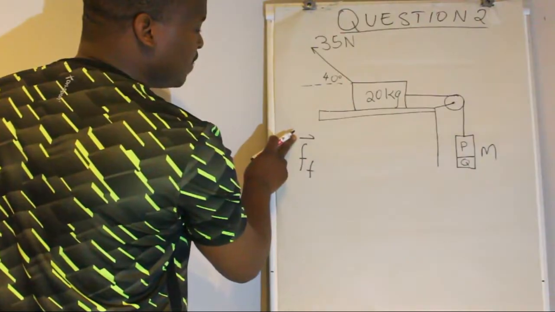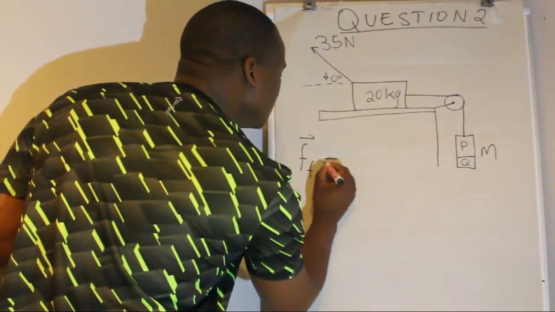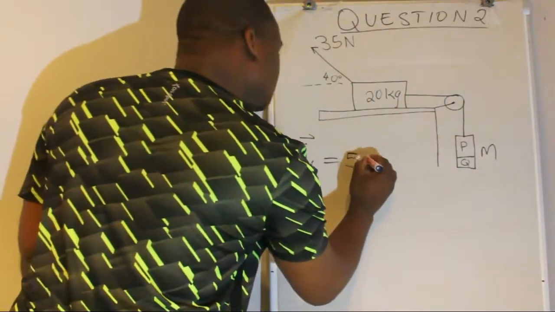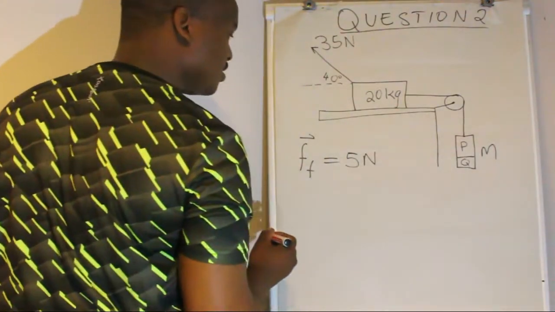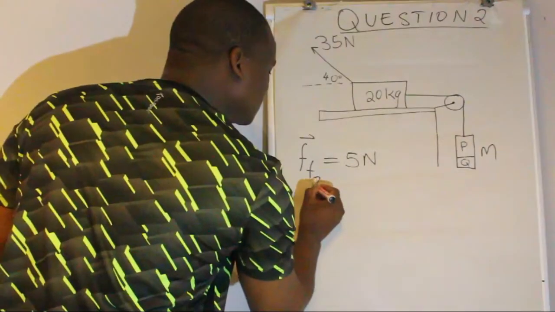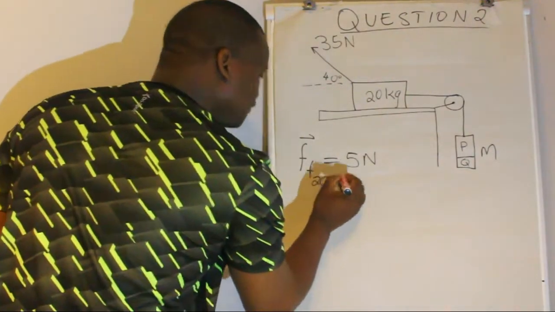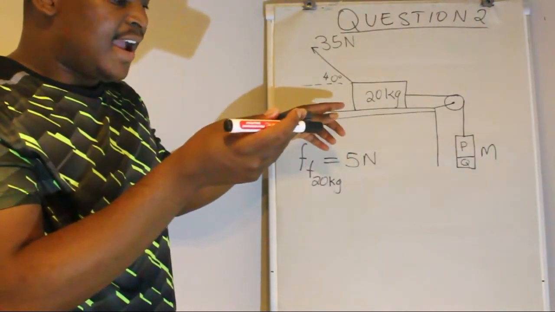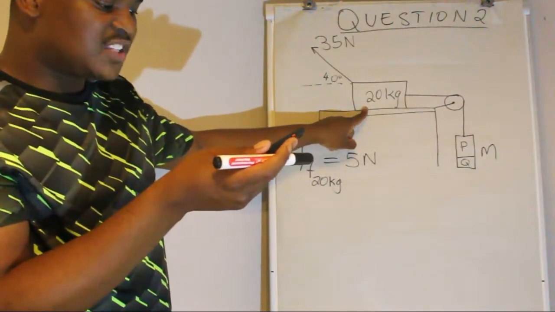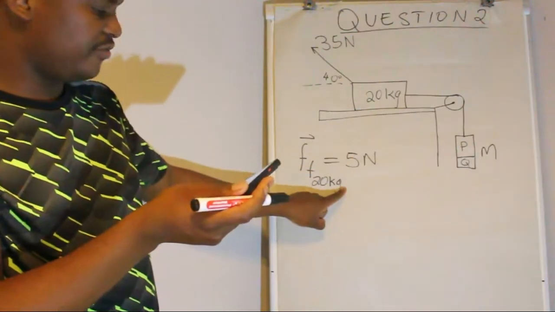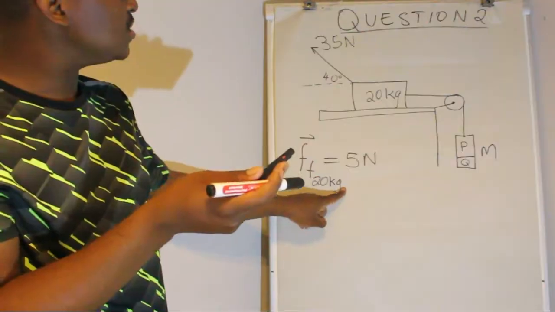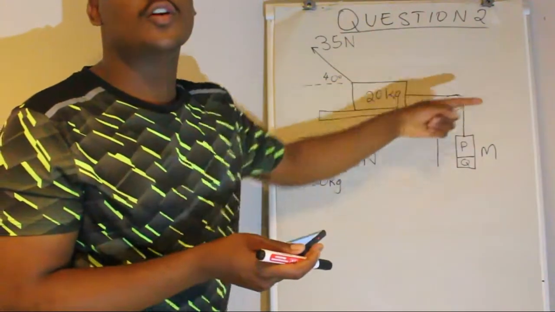So the 20 kg block experiences a frictional force of 5 newtons as it moves to the right at a constant speed.